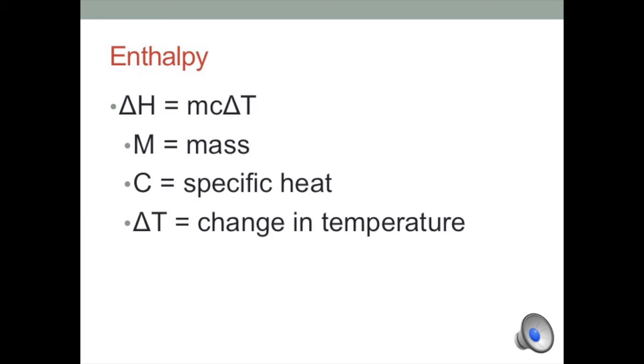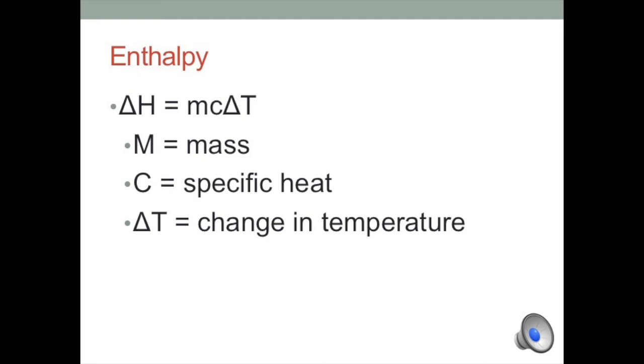And then enthalpy, so we will be using our enthalpy equation. So just as a reminder, it's delta H equals M times C times delta T. And our M is our mass. You'll have a specific mass of water as well as the two chemicals. Then the specific heat of each chemical.